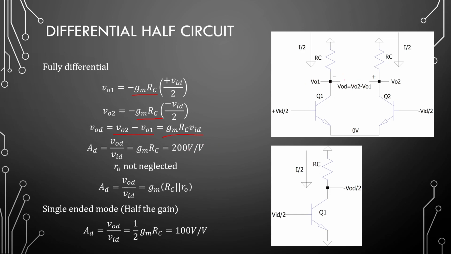So our fully differential gain is 200 volts per volts. If we are not neglecting our output impedance of our transistor, we need to add it as a parallel to our collector resistors. And our single-ended, again, when we're only looking at one output, is half the gain, so 100 volts per volts.